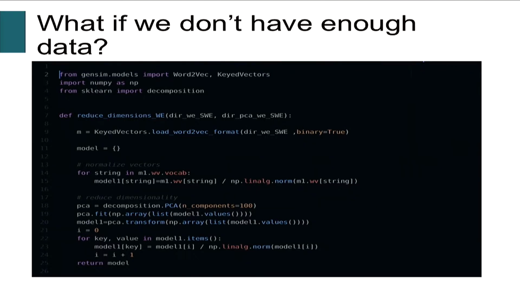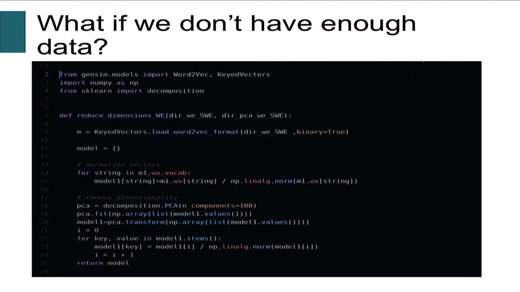What if we do not have enough data? In the case we want to train our model anyway, but it's not enough, the typical approach is to download a pre-trained model and unify it with your own model. Of course, it might have a different dimension size.